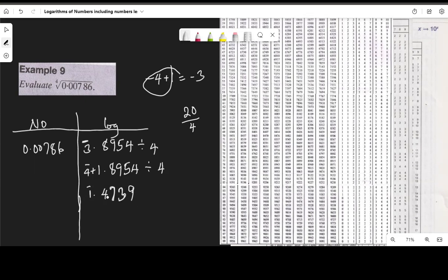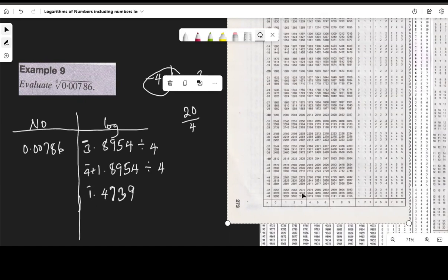And we look for the antilog of 47 under 3, difference of 9. 47 under 3 is 2972. Difference of 9 is 6.